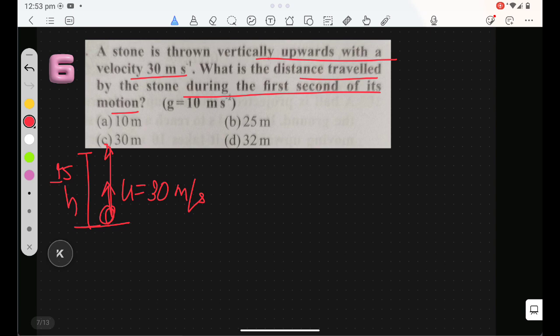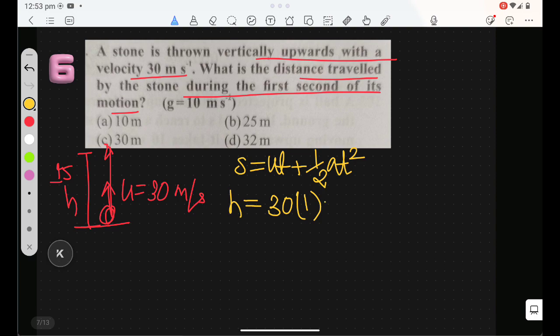Final velocity we don't know in the first second. So using the second equation of motion, s is equal to ut plus half at square. s we have to find, that is h, initial velocity is 30, taking upward direction positive, time is 1 second, minus because downward direction is negative, g by 2 is minus 5. Now t square is 1 square, that is 1, so 30 minus 5, h is going to be 25.